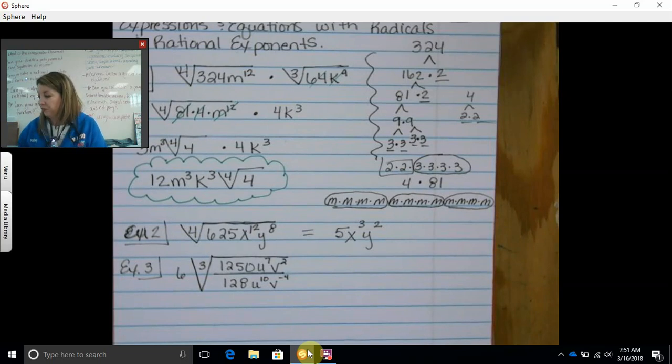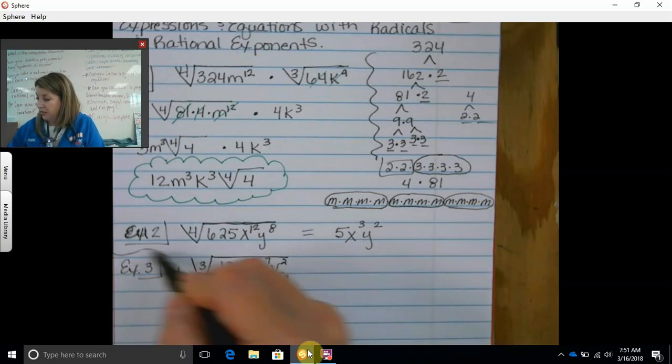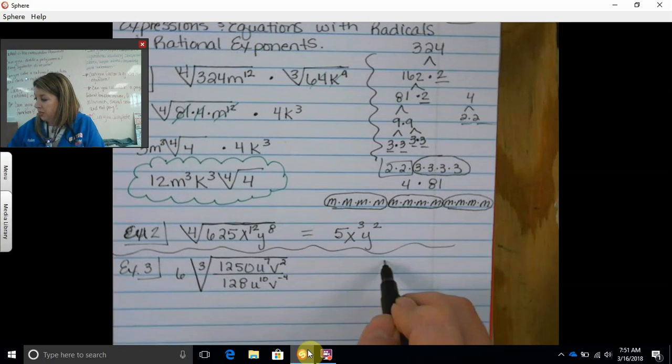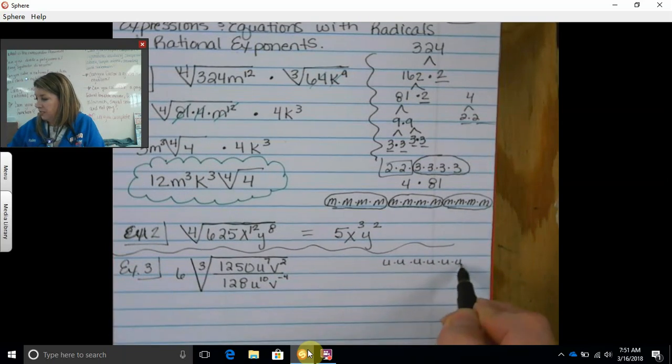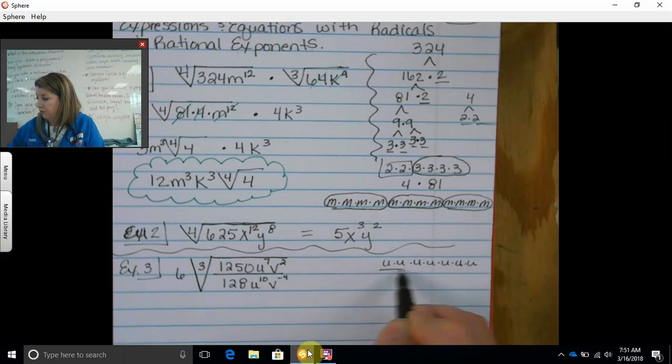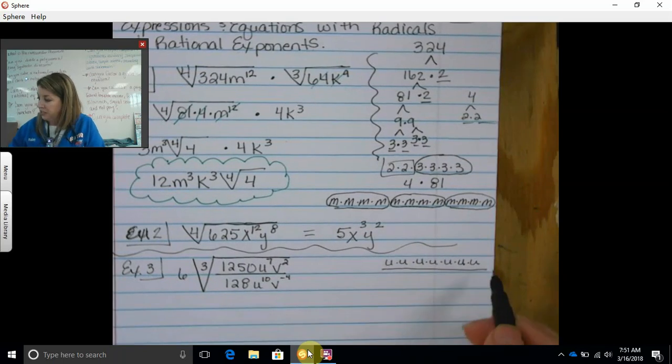So, u to the 7th divided by u to the 10th. Anybody know what that is? I visualize it. I say, okay, u to the 7th means u times u times u, 3, 4, 5, 6, 7, divided by u to the 10th, which is u 10 times.